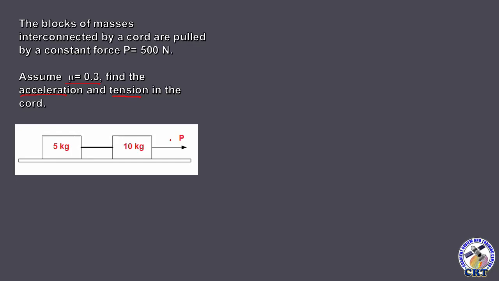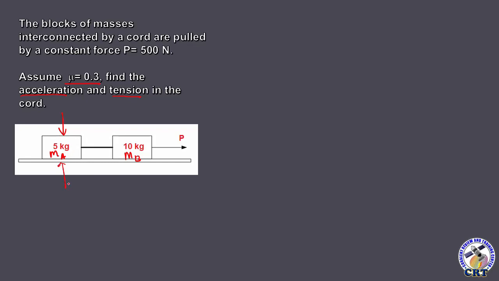So if we have to consider the coefficient of friction, take note that we have to consider the weight. Let's say this is mass A and this is mass B. The weight of mass A is going in this direction. And there is a normal force perpendicular to the contact between the surface and the block.